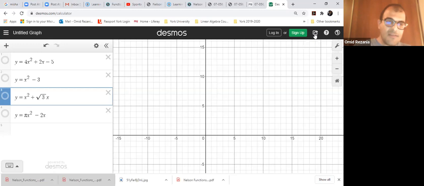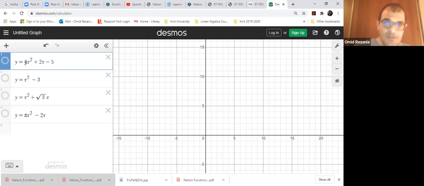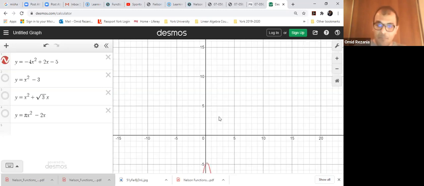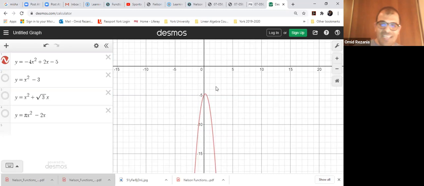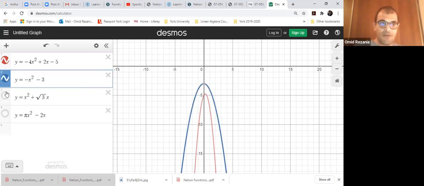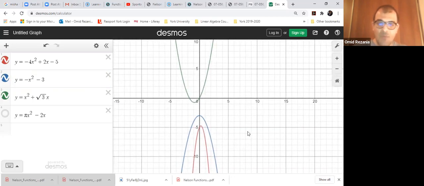The second criteria is if the leading coefficient is a negative number. Look at this. When I plot it, the function is exactly upside down. When I plot it, this function also is upside down. Look at this plot, the green one. The green one has a positive coefficient.